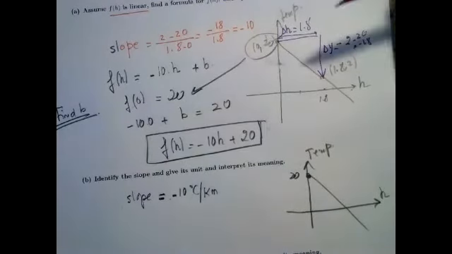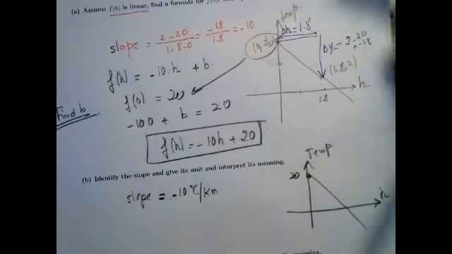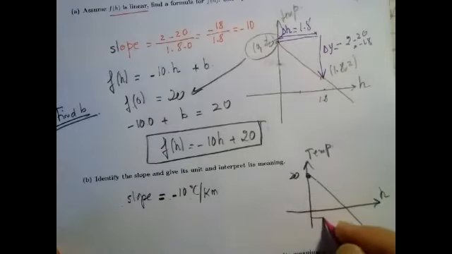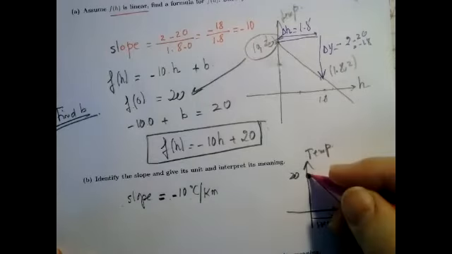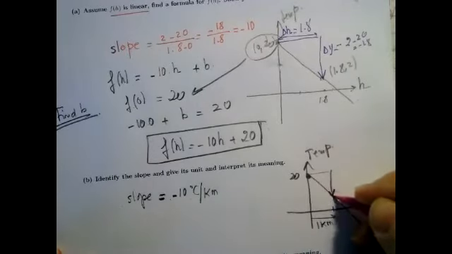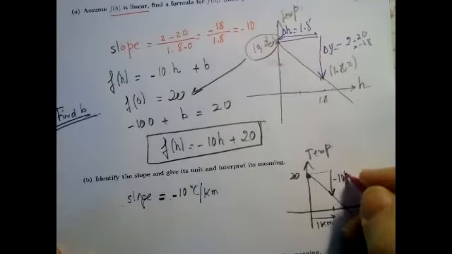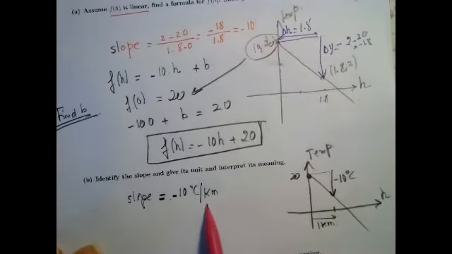It's degree per kilometer, which means what your classmate just said. Every time we go up by 1 kilometer, every time the height increases by 1 kilometer, the temperature drops by 10 degrees. So the unit is degrees per kilometer. The slope tells me the change per unit. That's the importance of per kilometer.